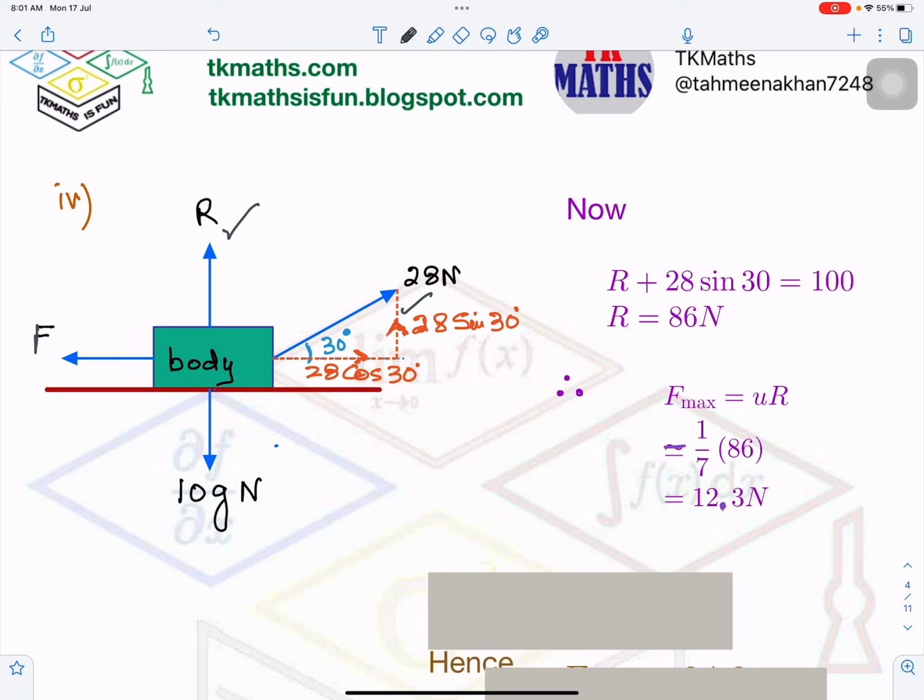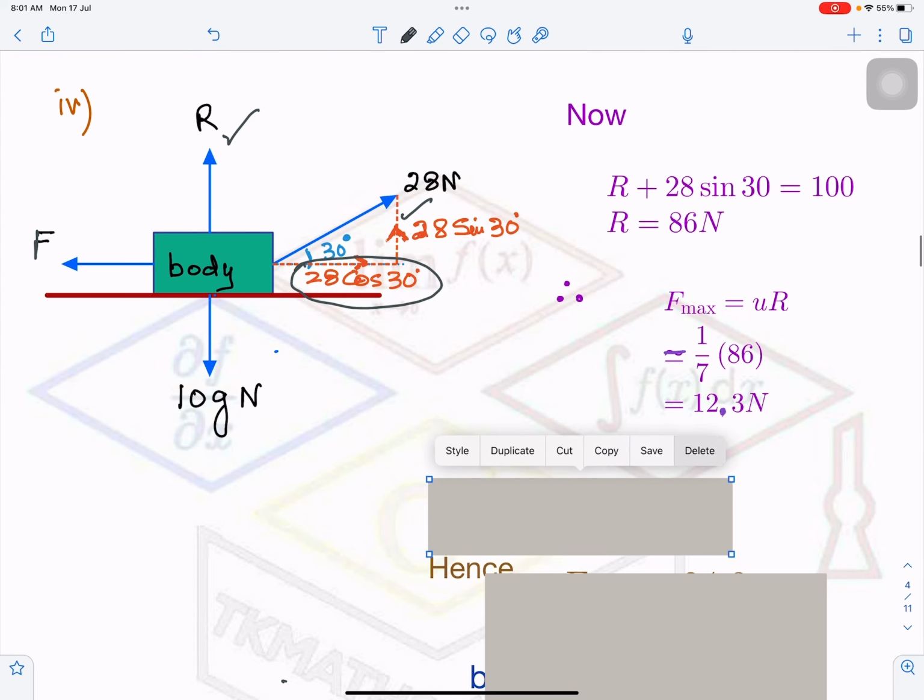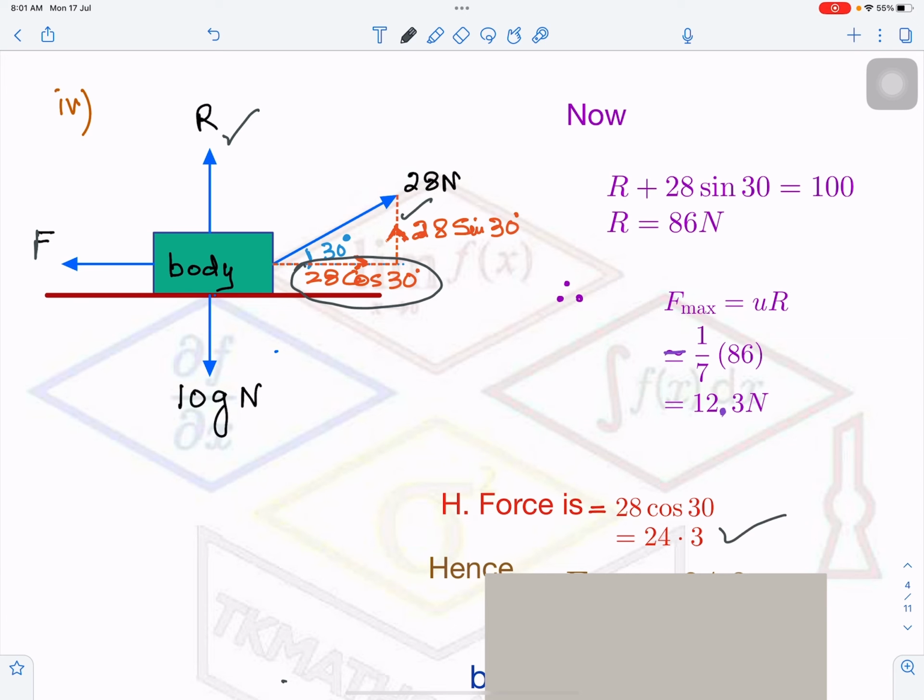Now I will see what my forward horizontal force is in this case, that is, the force in the direction in which the body will move. That is 24.3. So I am pulling this body with a force of 24.3 and the frictional force is 12.3.